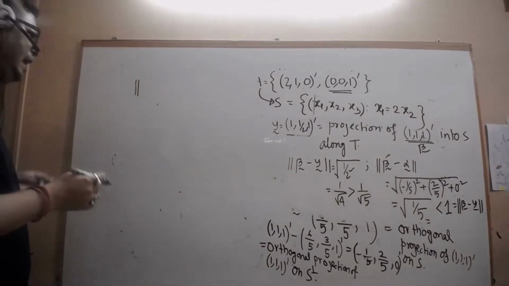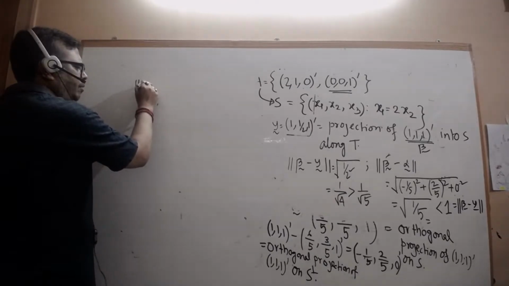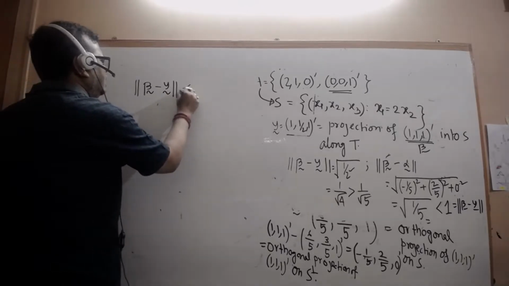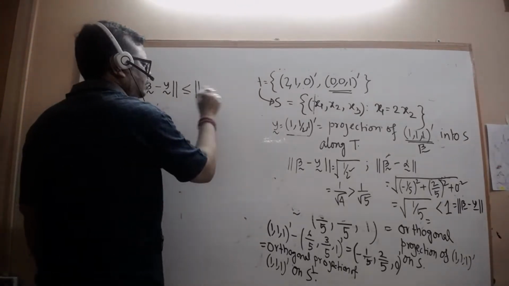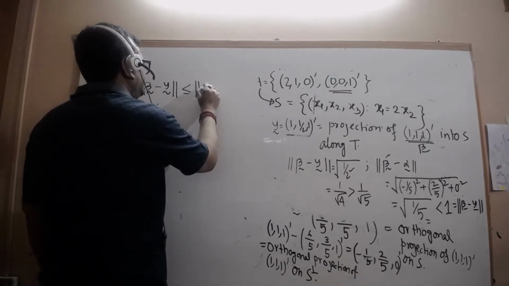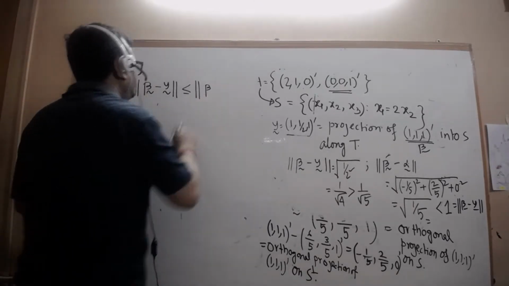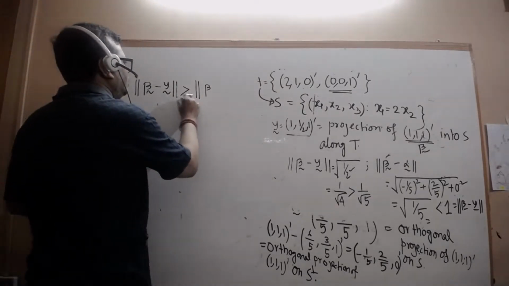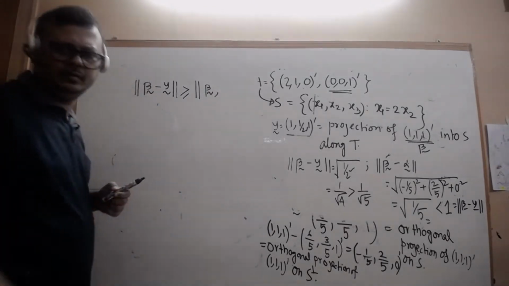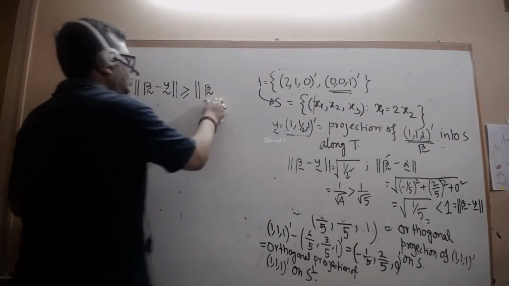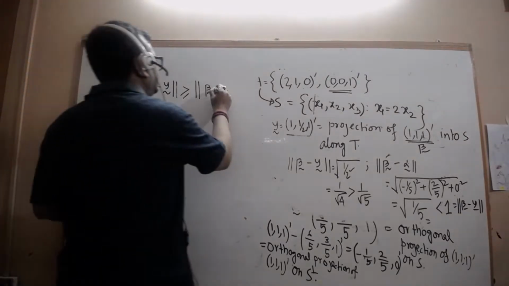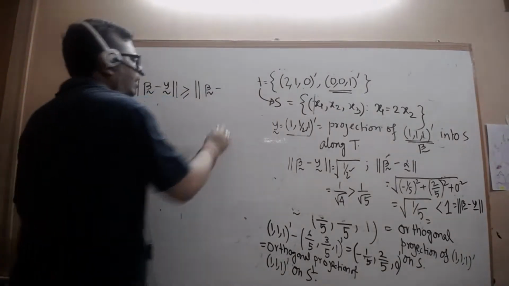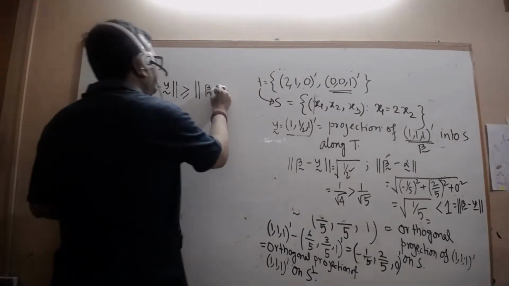y curve, which is any projection of beta curve, should be greater than or equal to beta curve minus alpha curve, where alpha curve is the orthogonal projection of beta curve.